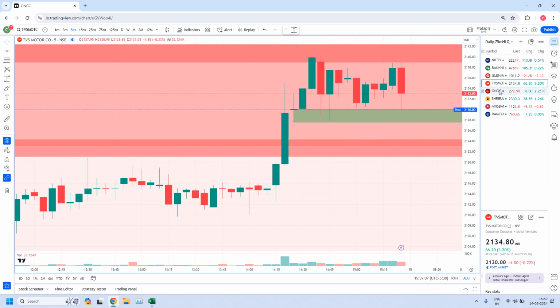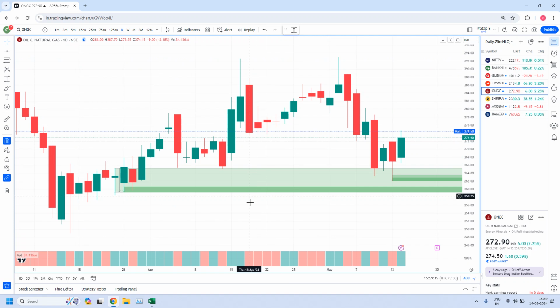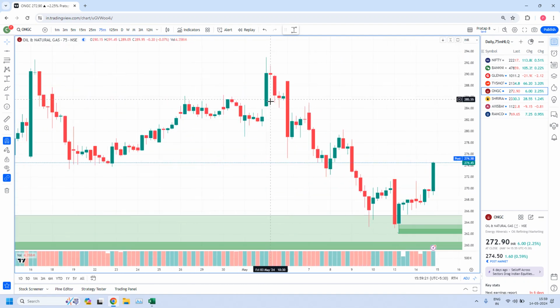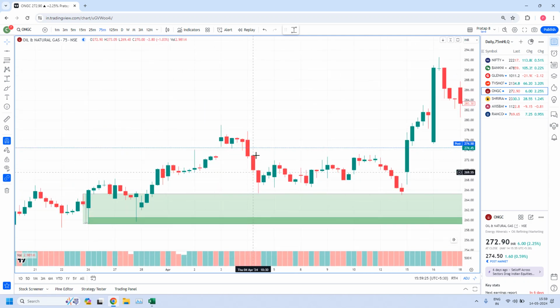And next one is ONGC. This is also daily, right? Daily or 75? Let me check. This is a 75-minute demand zone. Rally, base, rally.